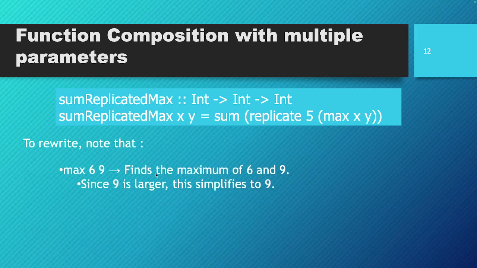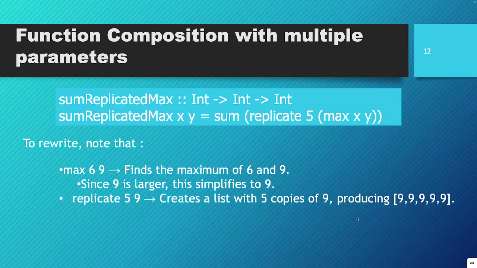So true, right? That max 6 9, we're going to apply to 6 and 9. What max does is it simply takes two numbers and gives me back the larger of the two. So replicate 5 9 produces 9, 9, 9, 9, 9.